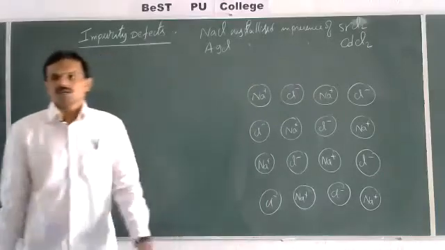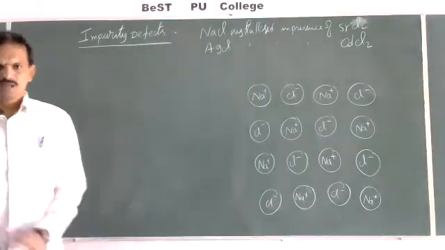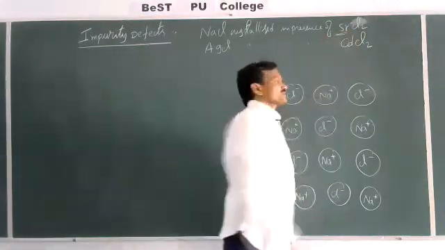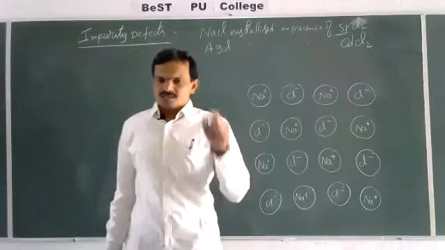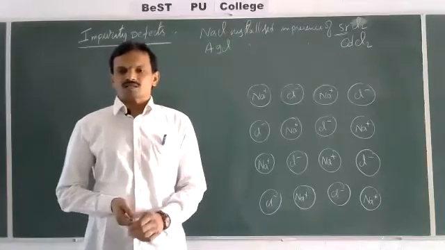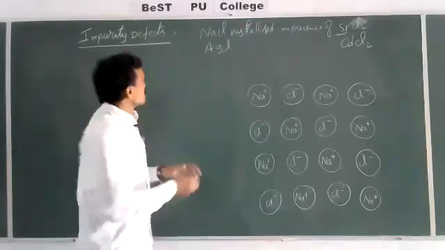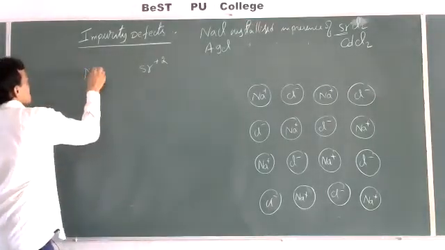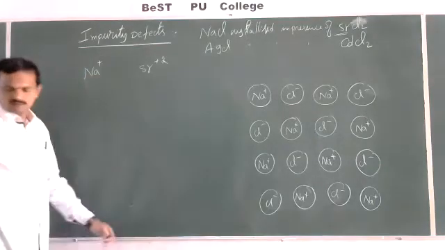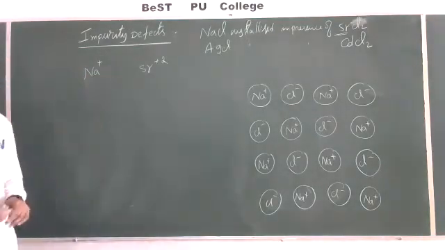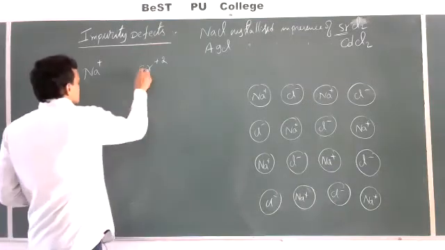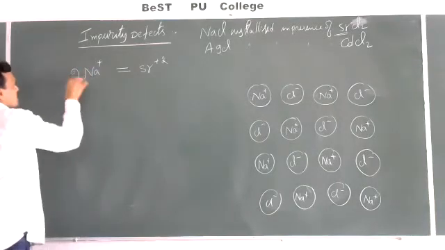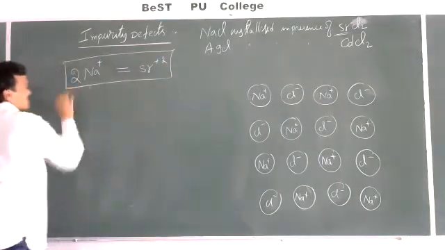So this is the NaCl lattice. When this NaCl is allowed to crystallize in the presence of strontium, some of the Na plus ions are replaced by strontium ions. What is the valence of strontium? Sr plus 2. What is the valence of Na? Plus 1. Electrical neutrality should always be maintained. Since electrical neutrality is required, one strontium can replace two Na plus ions.